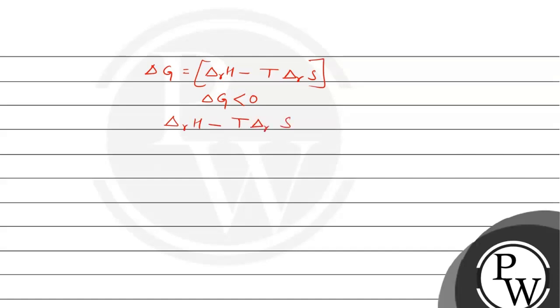We are writing delta G in terms of delta H and delta S. So that means delta H, the enthalpy change given in the question, is 30,000 joule per mole, minus temperature, 450 Kelvin, into delta Rs, which we have to find out. This should be less than 0.